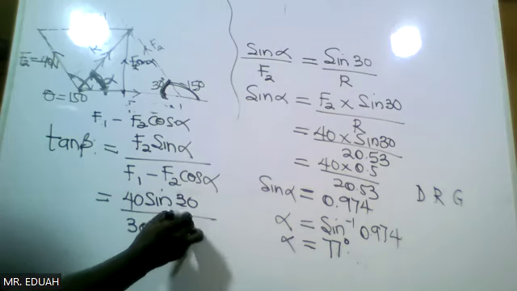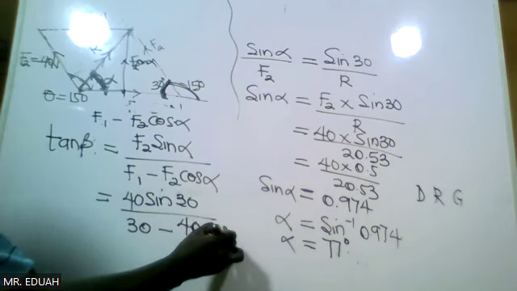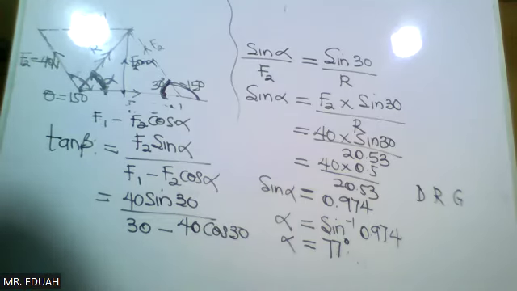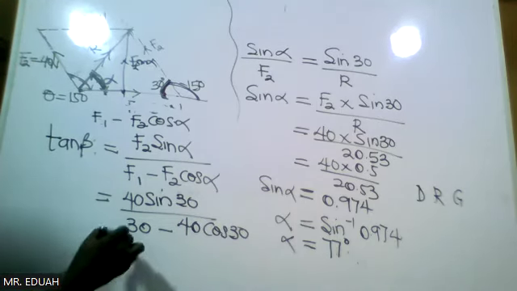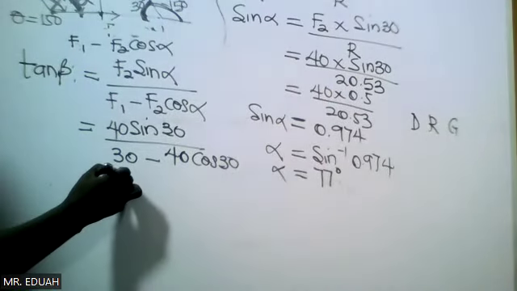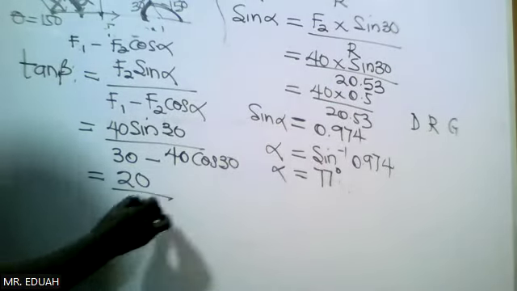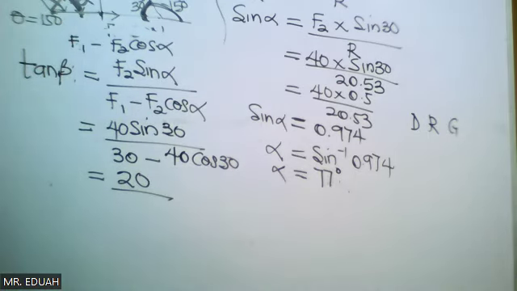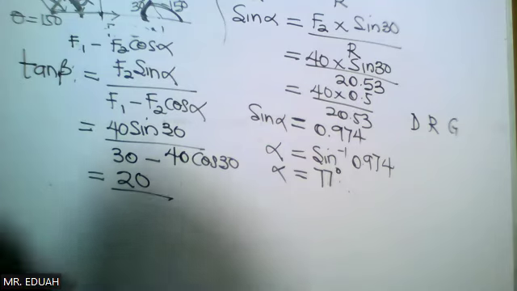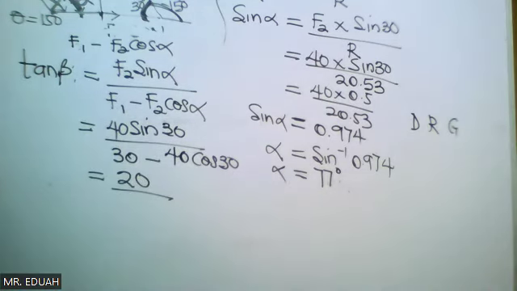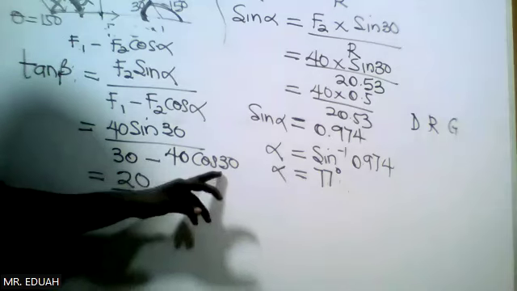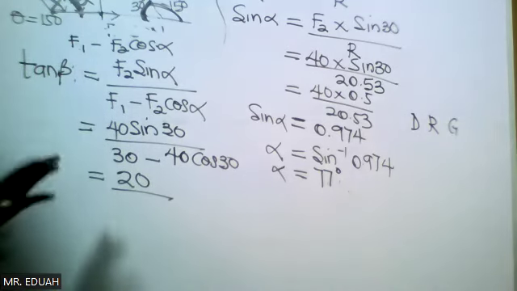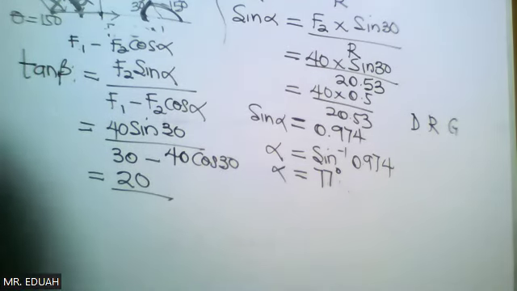So 40 times cos of 30. So the numerator we have 20 because sine 30 is half. 20 over cos 30, which is root 3 on 2. So 20 root 3. Please, what is 20 times root 3? What I'm saying is 40 times cos 30 must be equal to 20 root 3.